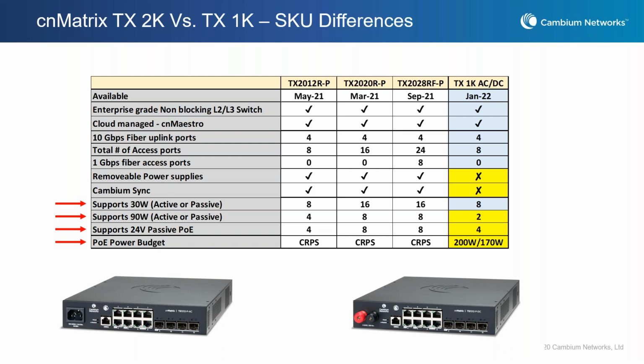And maybe the biggest difference is this final row. On the TX2K, we do support the removable power supplies that I mentioned. On the TX1K, they're fixed internal. On these fixed internal power supplies, on the AC model, we support up to 200 watts of PoE power budget. On the DC model, we support up to 170 watts of PoE power budget.